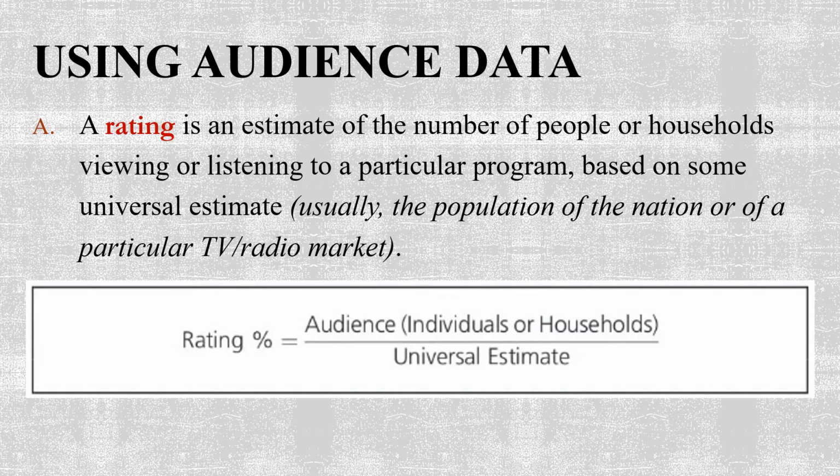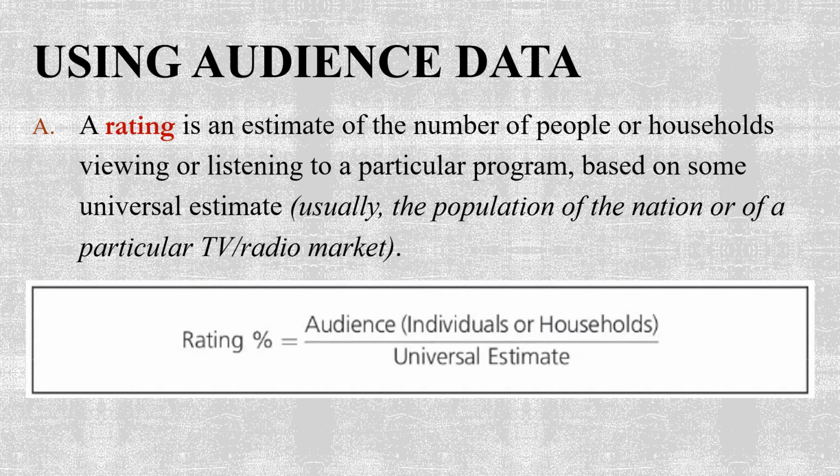to represent. A rating is an estimate of the number of people or households viewing or listening to a particular program based on some universal estimate. And when we say universal estimate, if you think of a pie, what kind of pie are we talking about here?